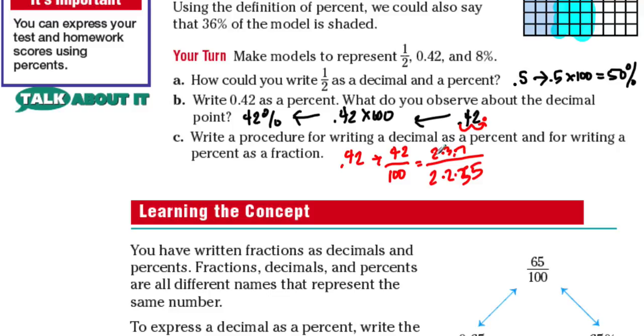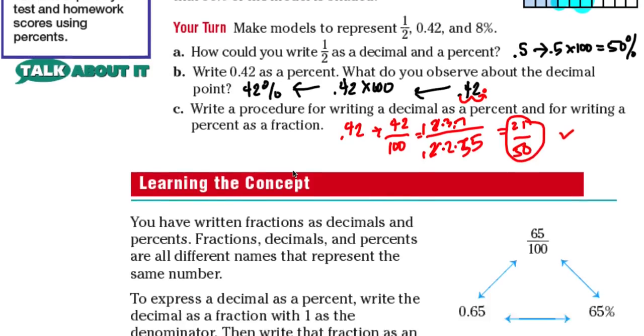So the common factor cancels out, and you end up with 21 over 50. That is how you write a percent as a fraction.